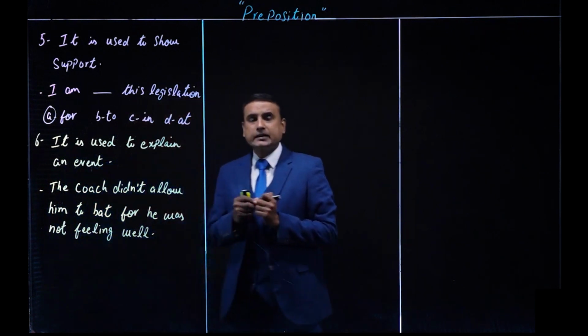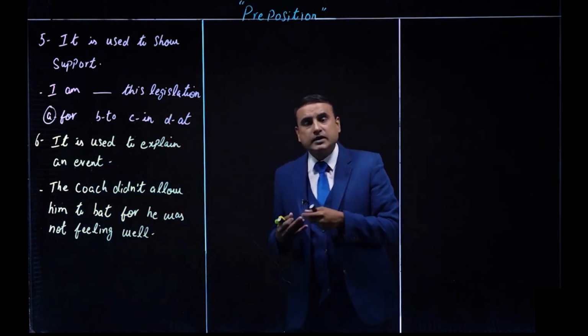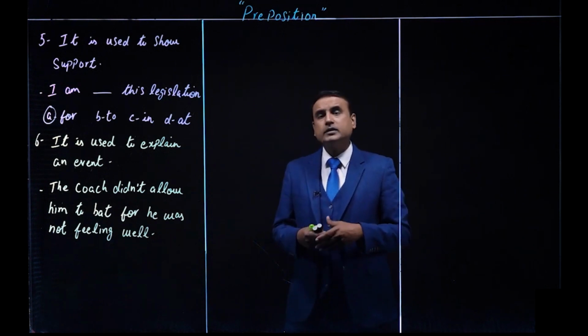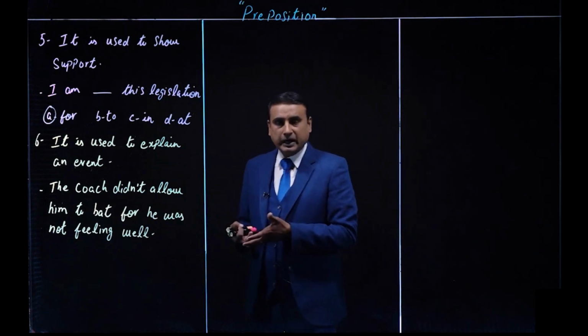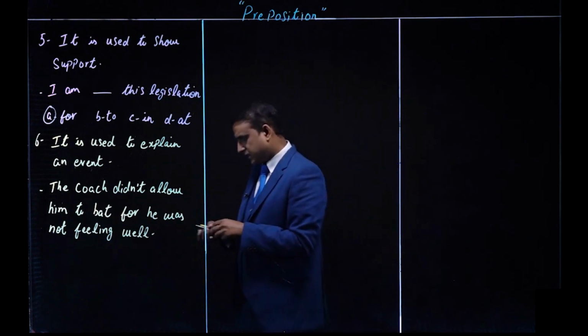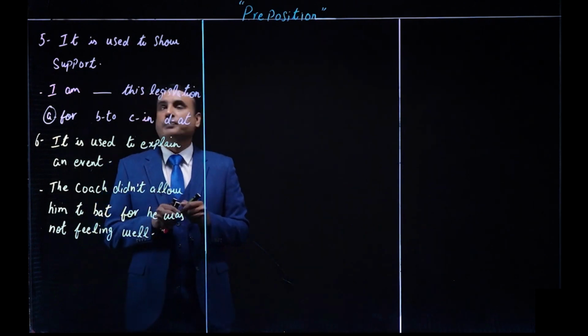Now you can clearly tell that this for is explaining a reason that why did the coach not allow him to bat. So this is how you can use for explaining.